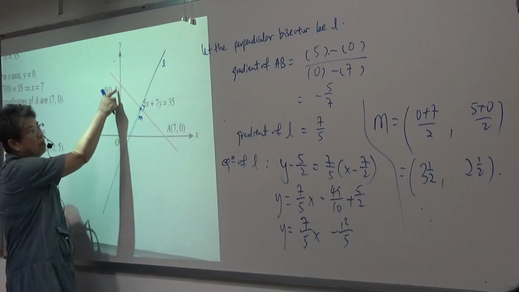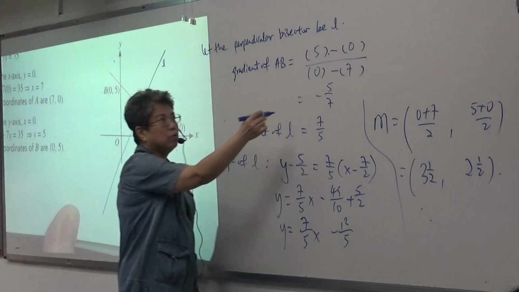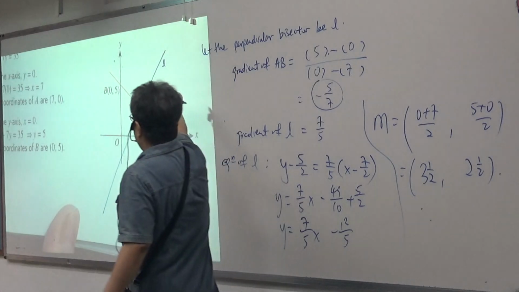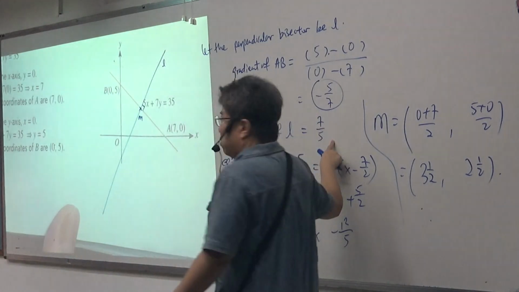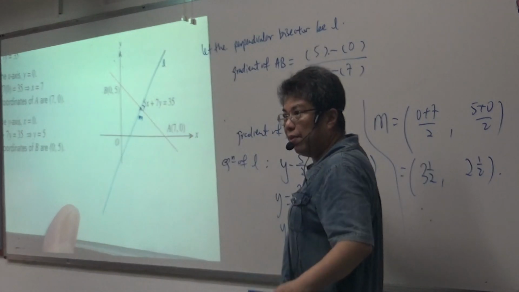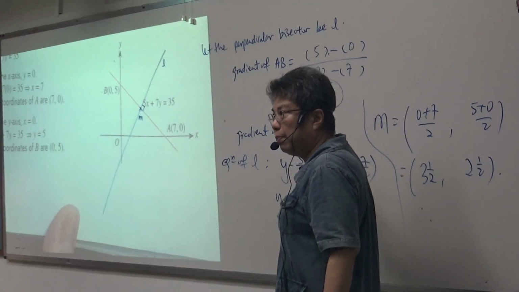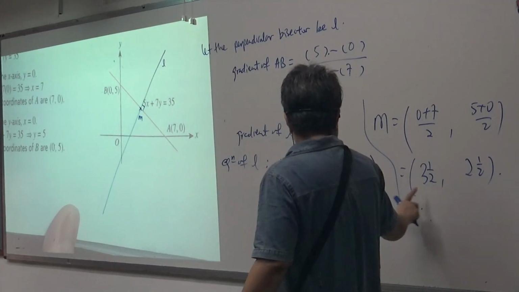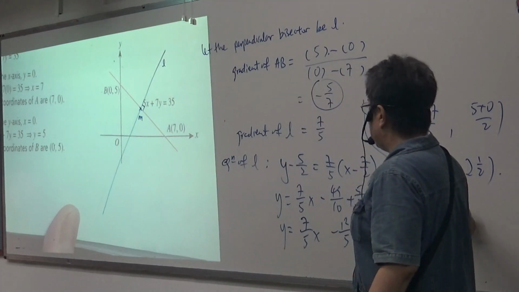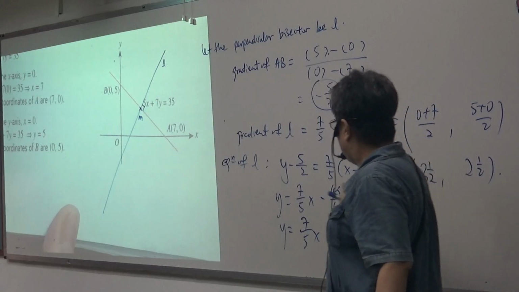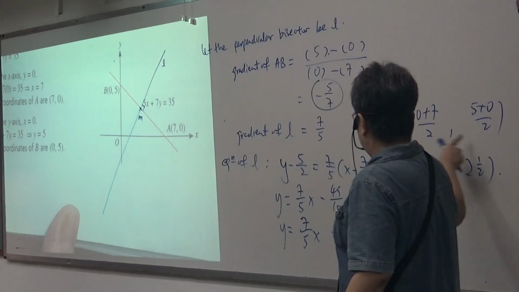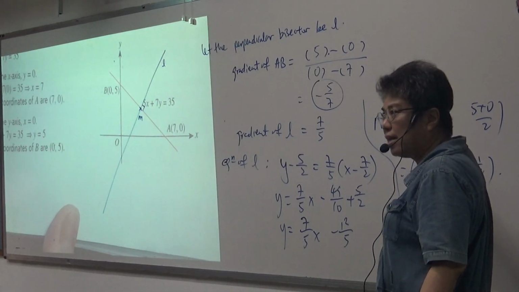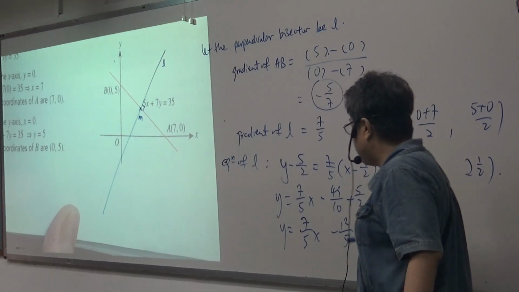Now, I found the gradient of AB to be this. Are you okay that I get this equation?